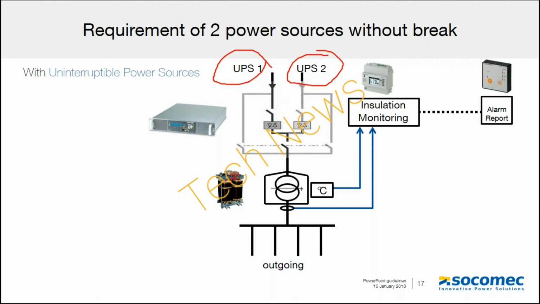The IPS utilizes a static transfer switch to provide the switching function in the event UPS 1 is lost. So if UPS 1 source is gone, you switch over to UPS 2. So this IPS architecture complies to class 0 thanks to the no break characteristics of the static transfer switch.